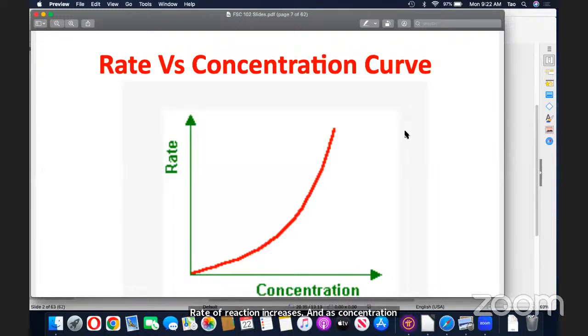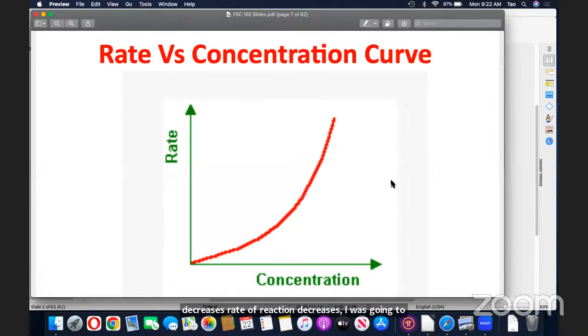I was going to draw, but I don't want to do that again. But this is actually the reverse of what happens in here. Because if you look at the curve we have here, this is talking about increase in concentration. But in the course of a reaction, what you're going to have is a decrease in concentration, so the curve is going to be the other way around.